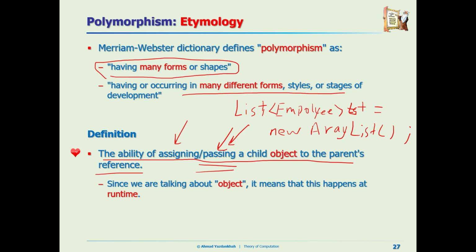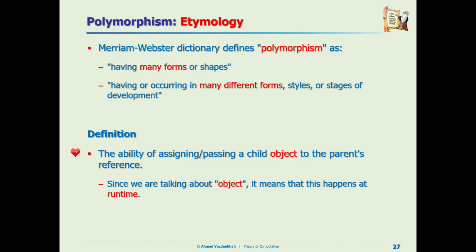Something like this. So this is the parent, and it's an interface, and we can assign a child object to it, right? So yeah, this is the beauty and the masterpiece of object-oriented programming, that we call polymorphism.